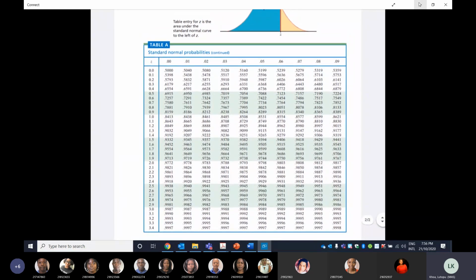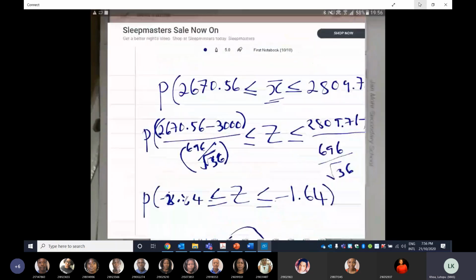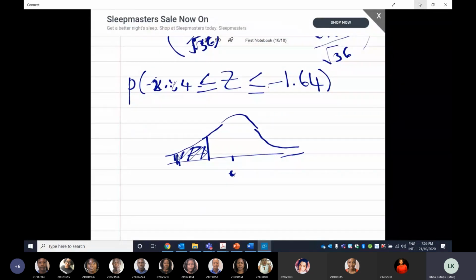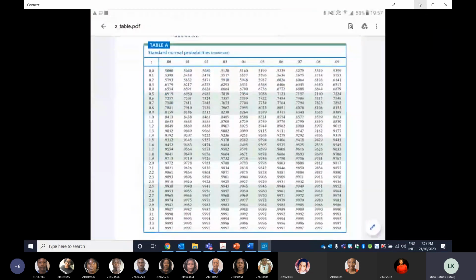Okay, so if we want to read this one here, this is the area that we are looking for. So this is negative 2.84. This is negative 1.64. Try and think about what you're looking for depending on what table you are given.